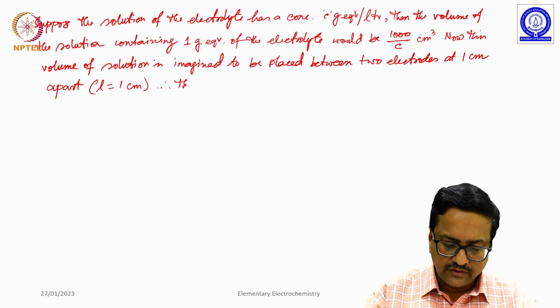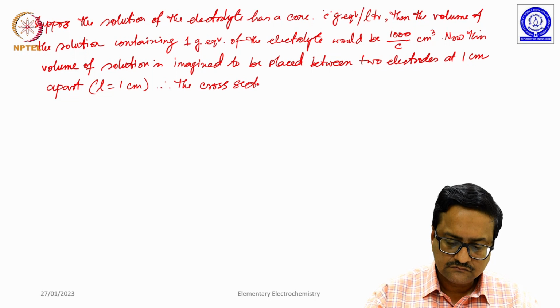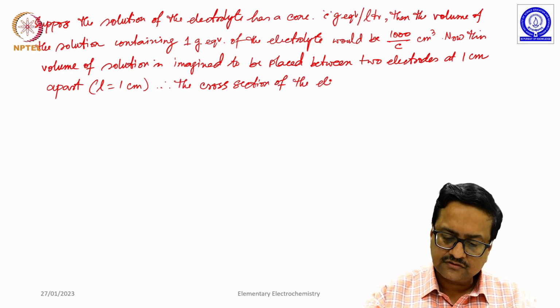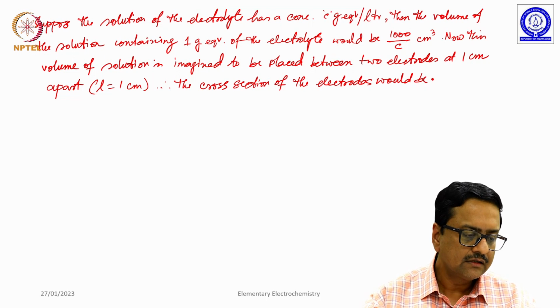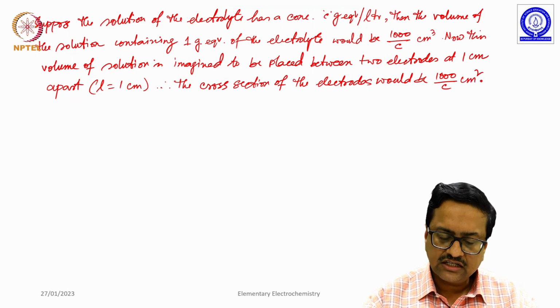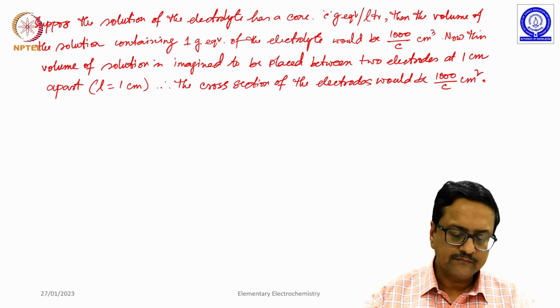Therefore, the cross section of the electrodes would be 1000 by C centimeter square, right?